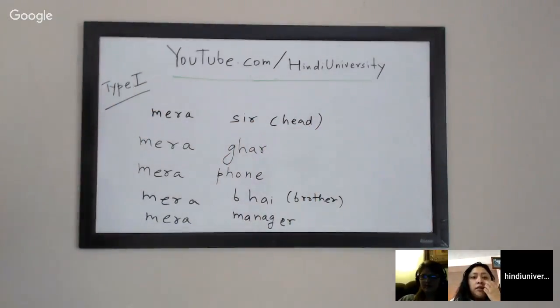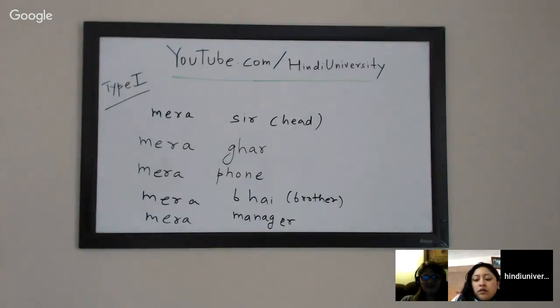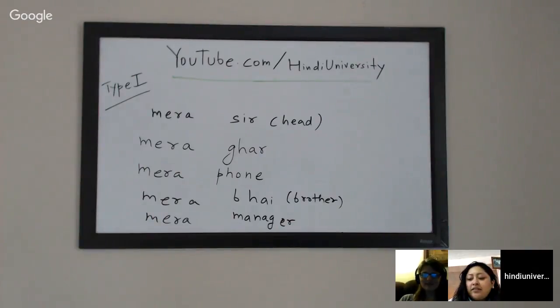Mera sir. That's masculine singular. What else? Keep going. It's more about you guys sharing with me. Okay. Meri zindagi. Okay, so zindagi is considered feminine singular. So that's why it's meri zindagi. But keep going. Very good.